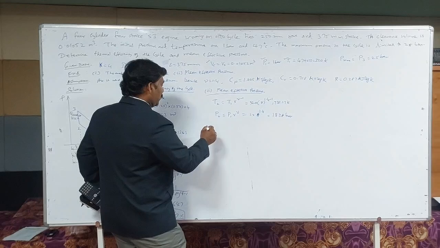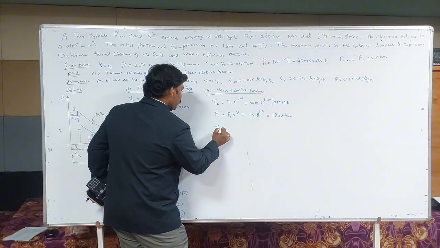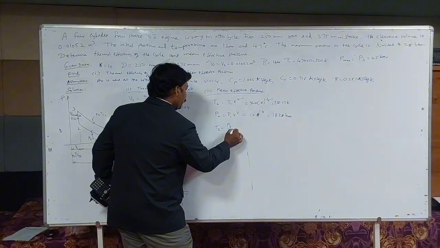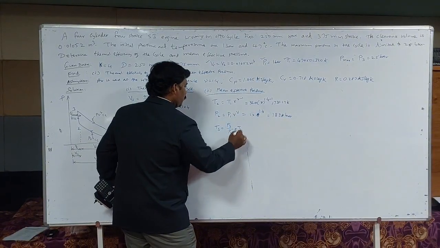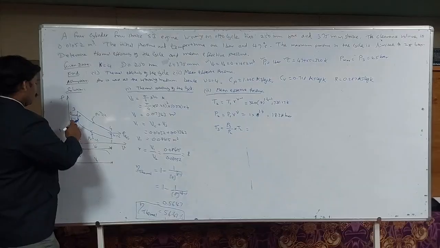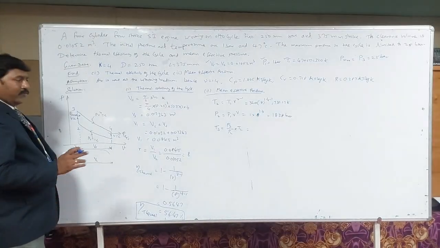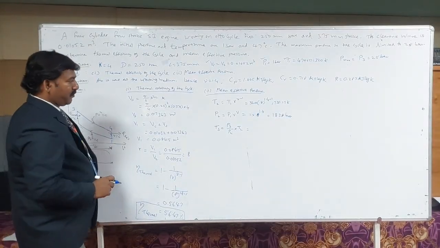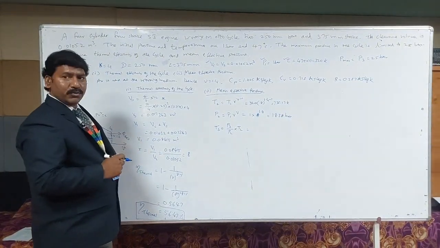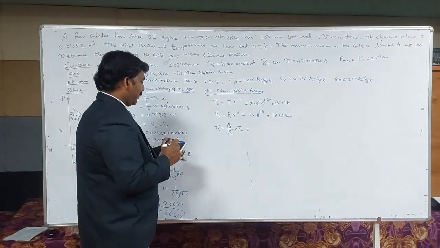Now we know P2; P3 is the maximum pressure in the cycle. Then we have to find out T3. T3 is equal to P3 by P2 into T2. This is the formula because the process 2 to 3 is a constant volume process. For a constant volume process, we get the PVT relationship as T3 by T2 is equal to P3 by P2. From this, we can find T3.